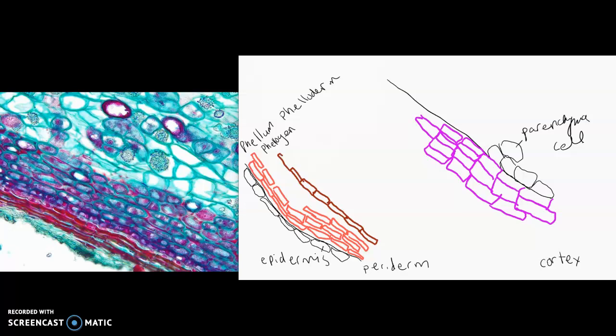It's usually 1 to 2 cell layers thick, so it's quite thin, and it's easier, I think, usually to pick out the phellum and the phelloderm and then just realize that the phellogen is between those layers.